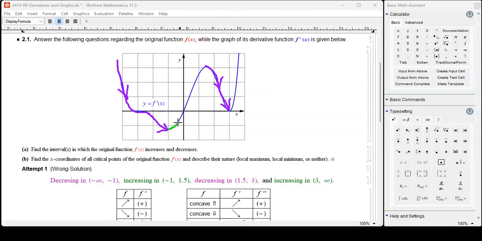And then from negative 1 to about 1.5, increasing, and then 3 to infinity and beyond, increasing. That's basically how you answered, but this is a graph of the derivative function. The problem is about the original function. So you just earned automatic 0.